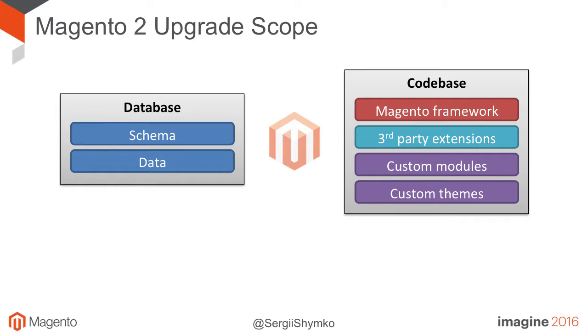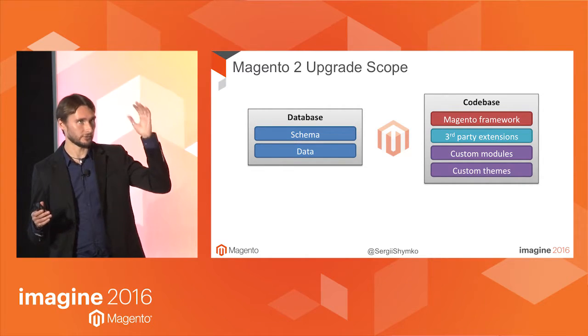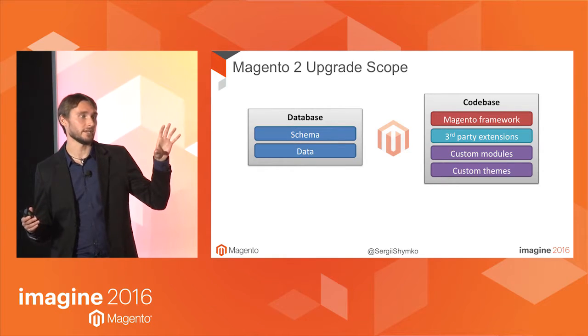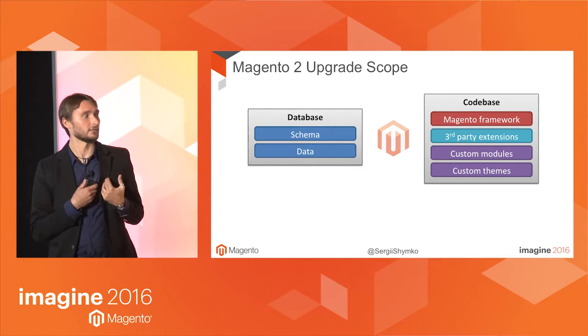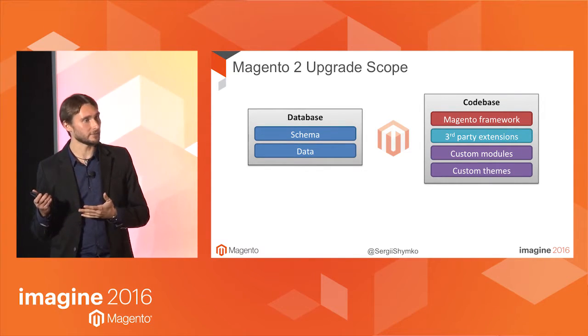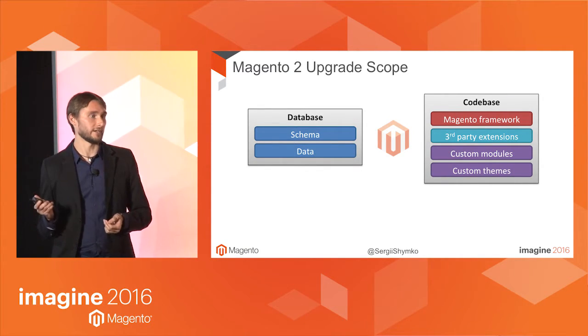All right, when we think about migration process, migration project, you can divide it basically in two pieces. Database migration, which includes migration of your structure and data, tables and records in those tables. That's one piece. And another piece, and this one is closer to my heart as a software developer, it's code migration.